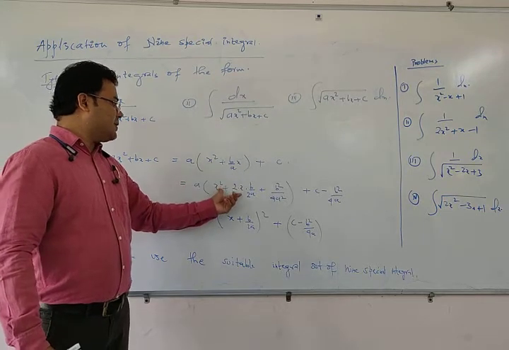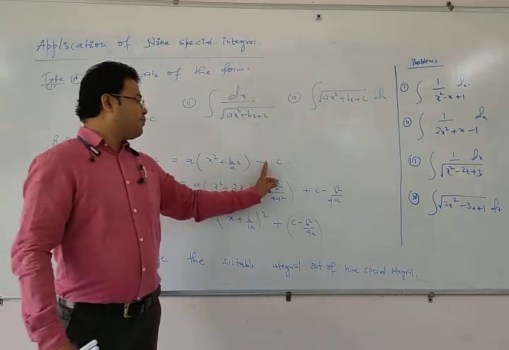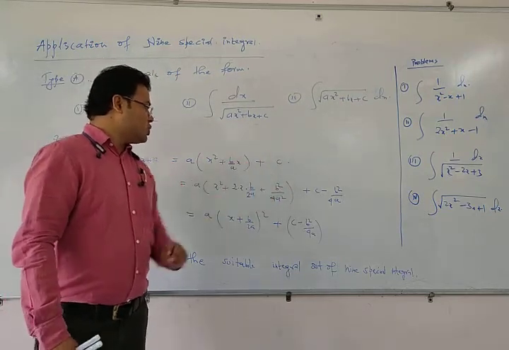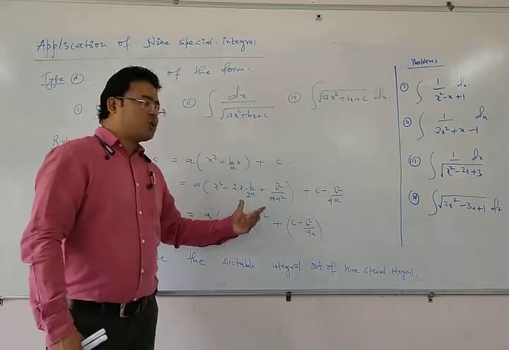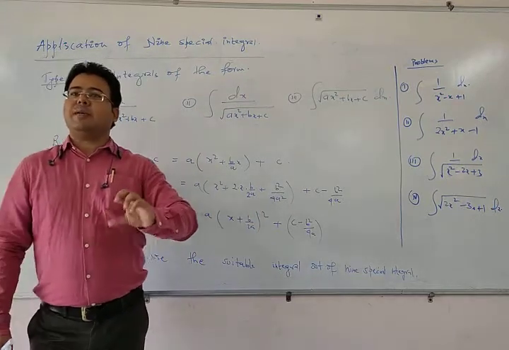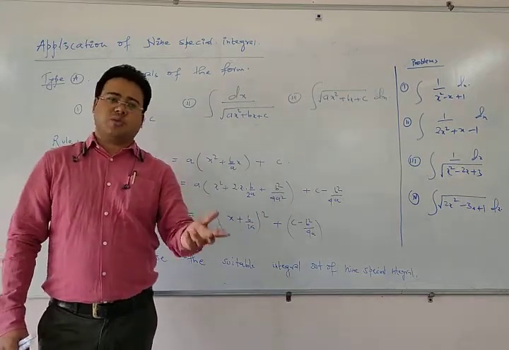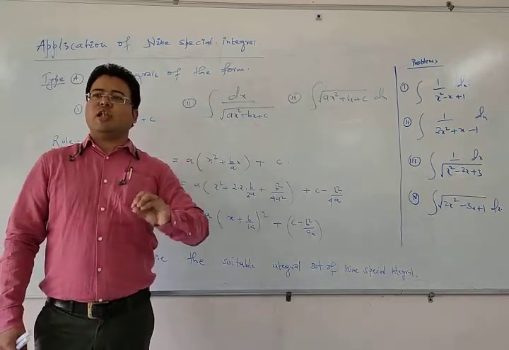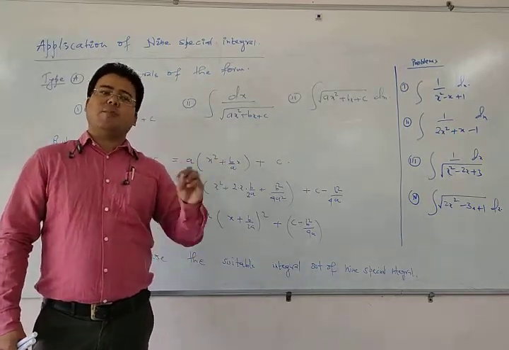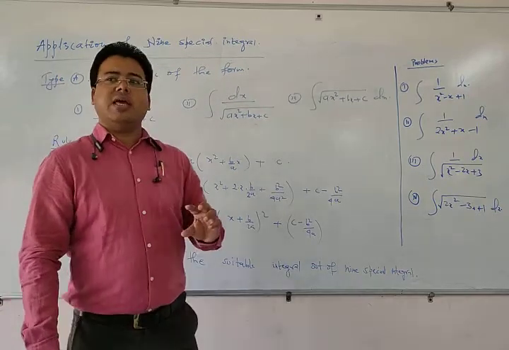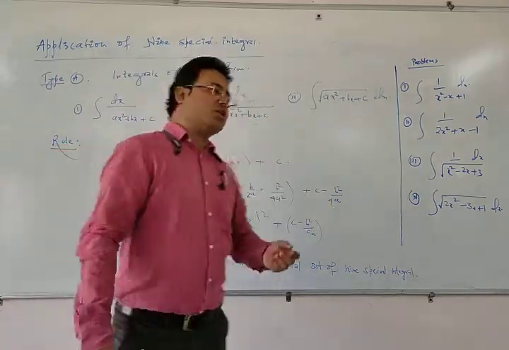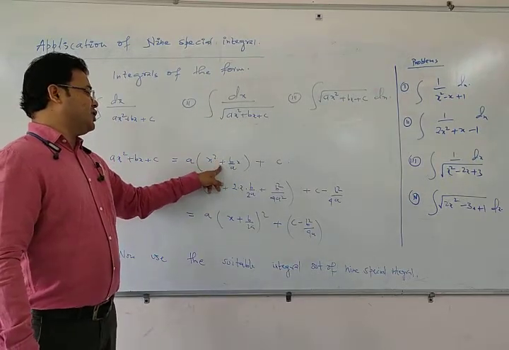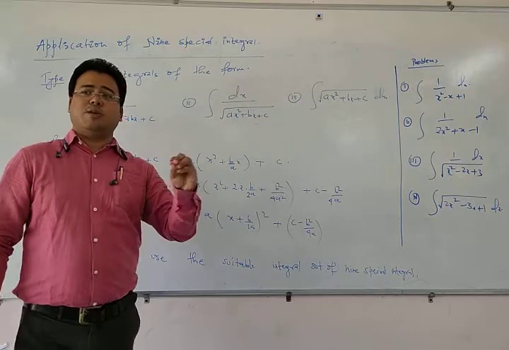So it becomes this, and the constant term is left alone. Making a perfect square means you have to know the formula (a plus b) whole square or (a minus b) whole square. If the coefficient of x is positive, then we use the formula (a plus b) whole square. If the coefficient of x is negative, then we use the formula (a minus b) whole square. Here the sign is positive, so we use the formula (a plus b) whole square.